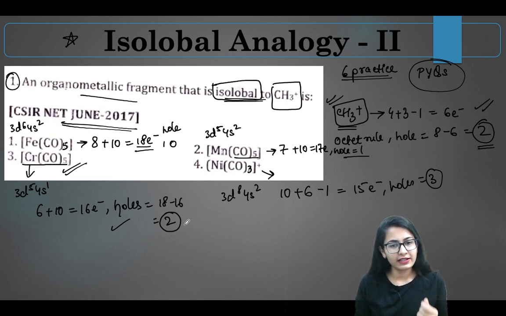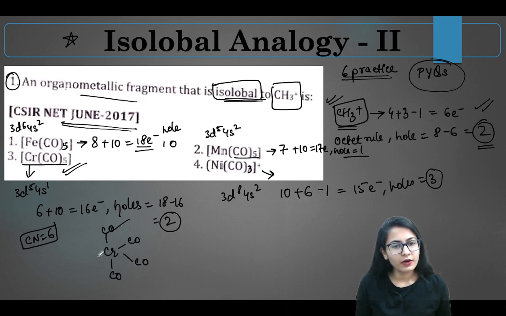If it is still having electron deficiency, it is going to fulfill it by bringing forth one more orbital and making the total coordination number 6. Coordination number 6 means it is going to form an octahedral complex.